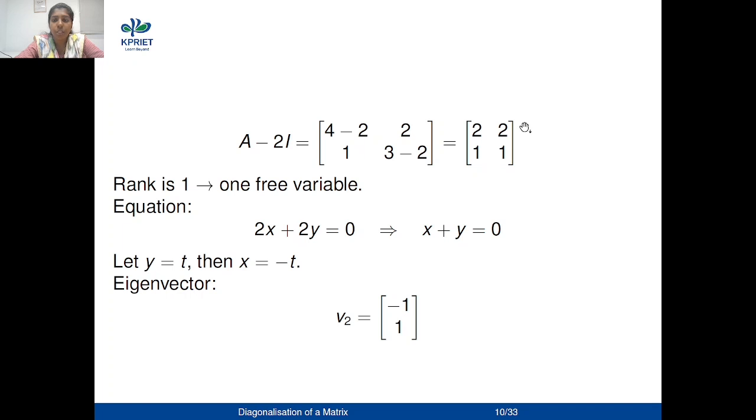If I multiply by x and y and equate it to 0, I am getting the equation 2x plus 2y equal to 0. From this I am getting x plus y equal to 0. So if I consider y equal to t, then x is equal to minus t. Taking t outside, my eigenvector for the eigenvalue 2 is minus 1 and 1.